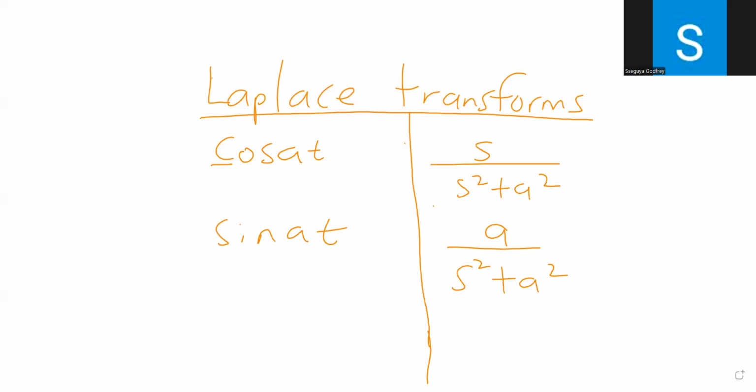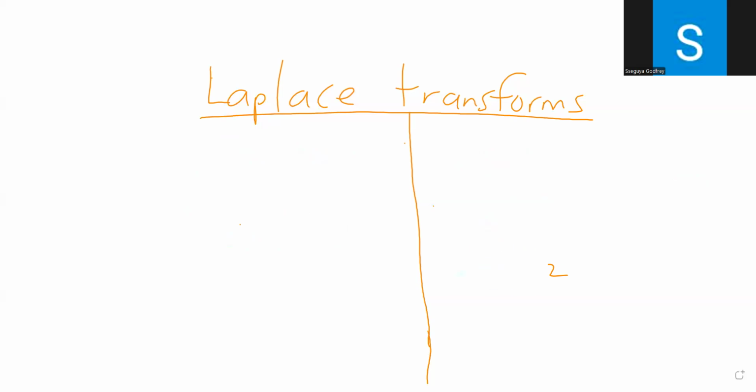After knowing that cos has s and the sine has a, whereby they are over s squared plus a squared, now we are going to go to cosh and sinh. If you are remembering very well, you just change something a little.